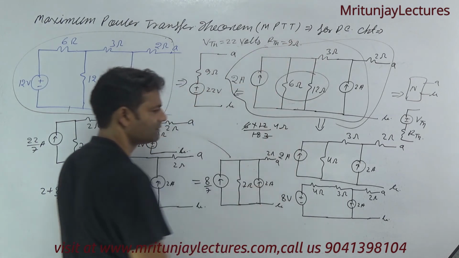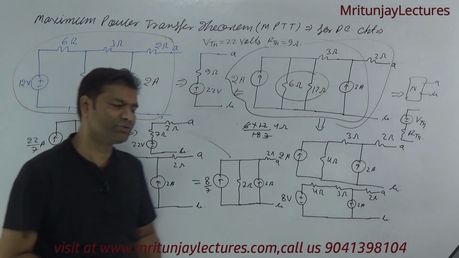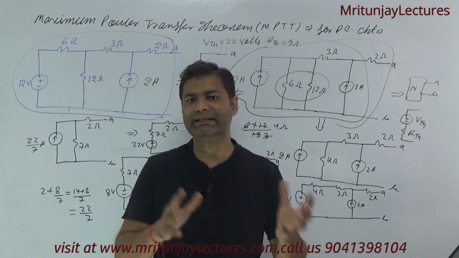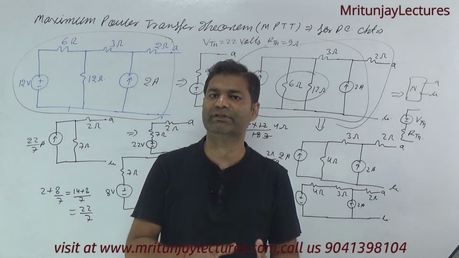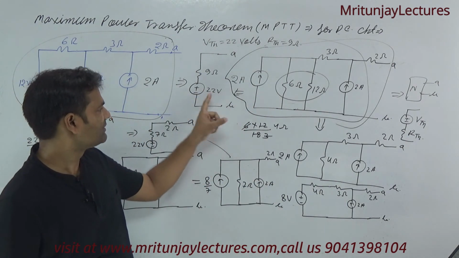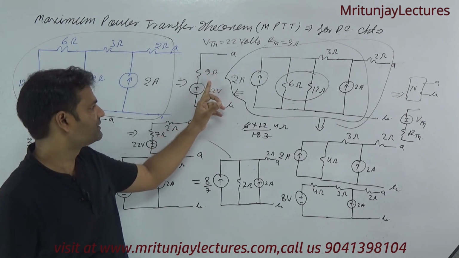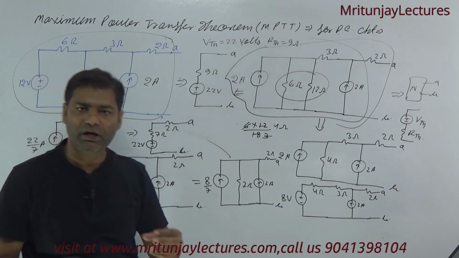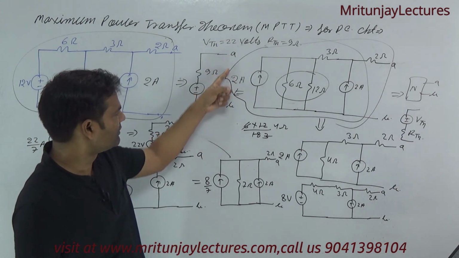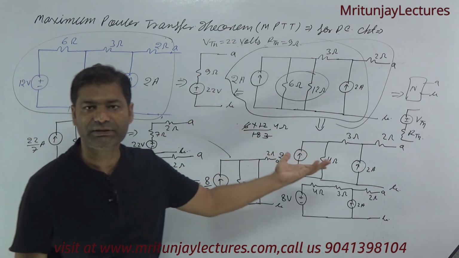Clear or not? What about RTH? Basically our motto is that if the whole circuit is converted with the help of source transformation into this form, then this portion is RTH and this one is VTH. Voltage across this is simply 22, that is VTH.